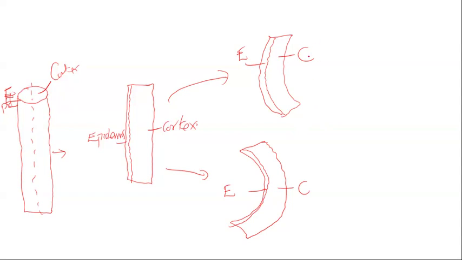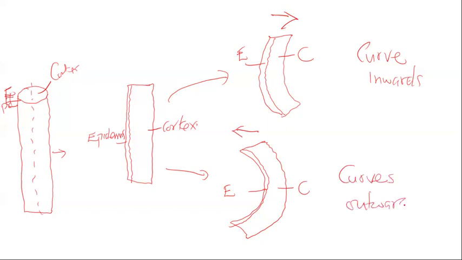So in this case, you can see the bending is happening in this direction towards the cortex, and the cortex was on the inner end. That is why we are saying this one is curving inwards. And here you can see the curving is happening towards the epidermis, which is to the outermost end. That's why we are saying it curves outwards.